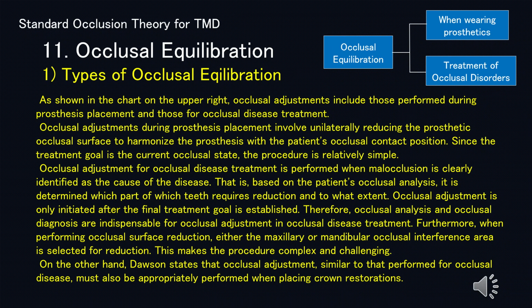Therefore, occlusal analysis and occlusal diagnosis are indispensable for occlusal adjustment in occlusal disease treatment. Furthermore, when performing occlusal surface reduction, either the maxillary or mandibular occlusal interference area is selected for reduction. This makes the procedure complex and challenging.